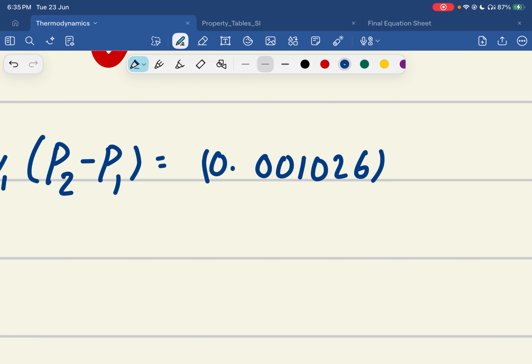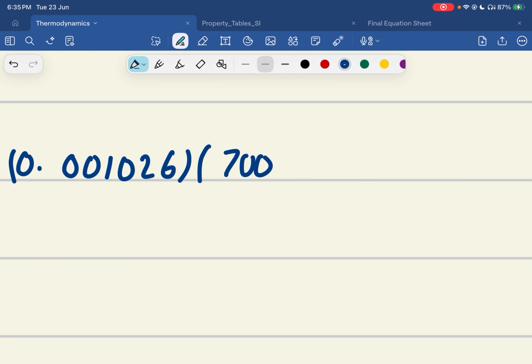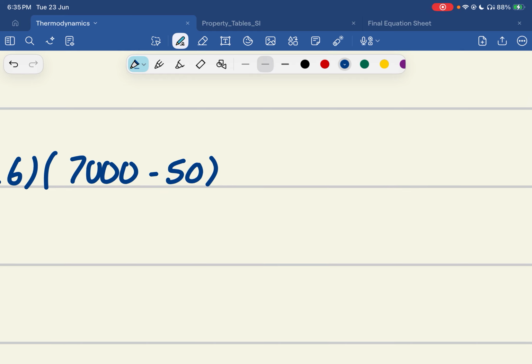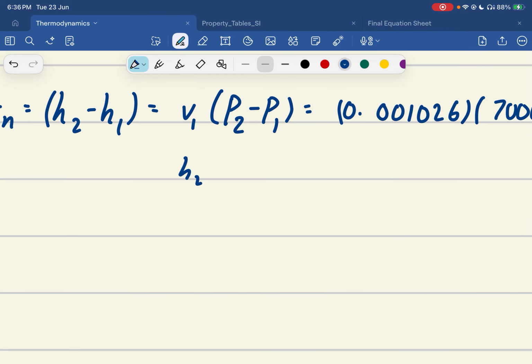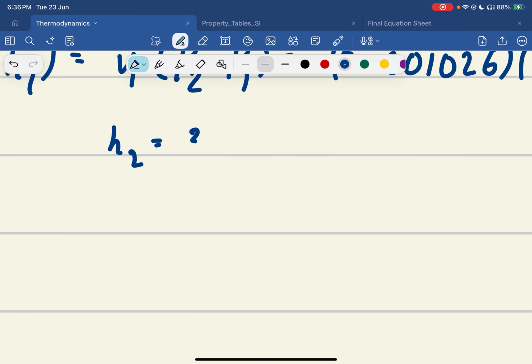0.001026. That's going to be 7,000 minus 50 equals 7.1307. And now we add H1, so H2 equals this plus that, which equals 321.1607.